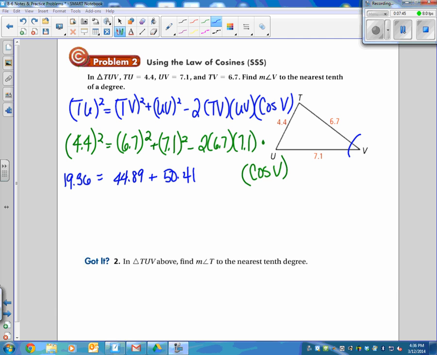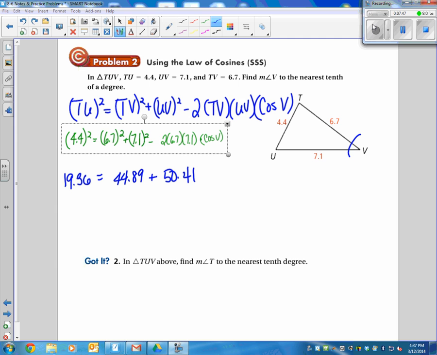Okay, so then we'll say minus, and then I'll go ahead and multiply 2 times 6.7 times 7.1, and that will give me 95.14, and that will be times the cosine of V.